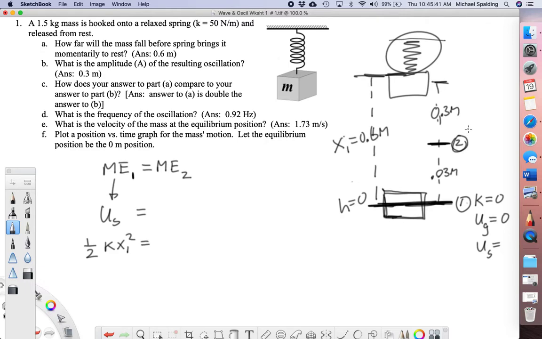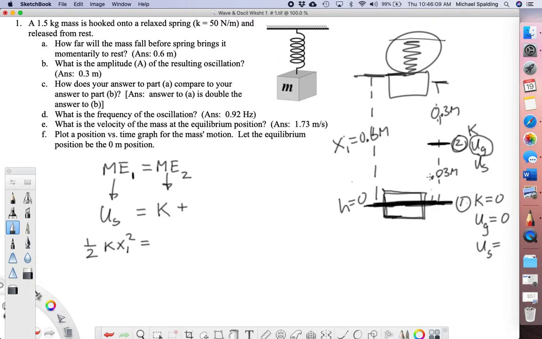Okay, now let's go to position 2. Let's list our energies. At position 2, kinetic, potential of gravity, potential of spring. So do we have kinetic energy at position 2? Absolutely, because the mass is moving, so don't cross that out. So at position 2, we will have kinetic. What else will we have? Will we have potential of gravity at position 2? Well, did we rise? So we set our 0 point to be down here.